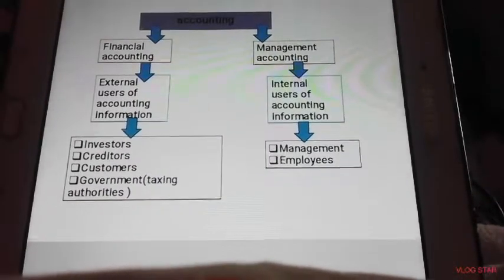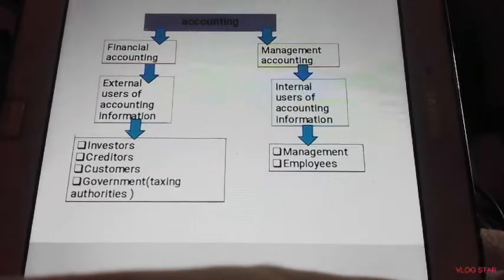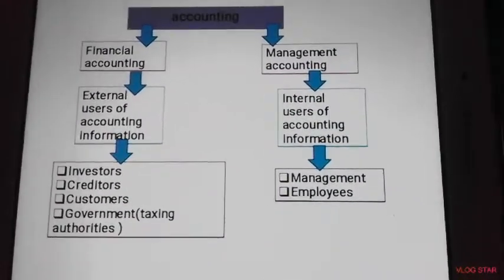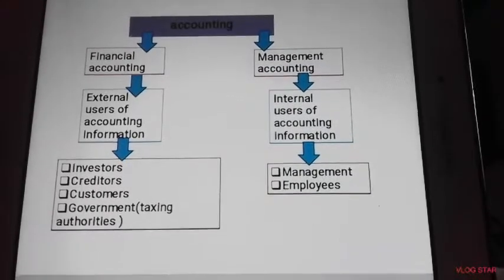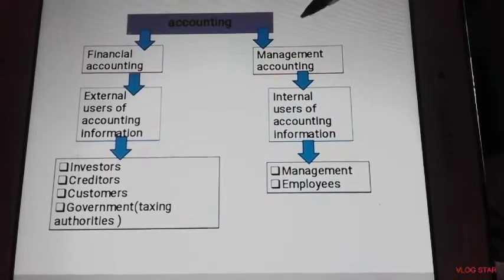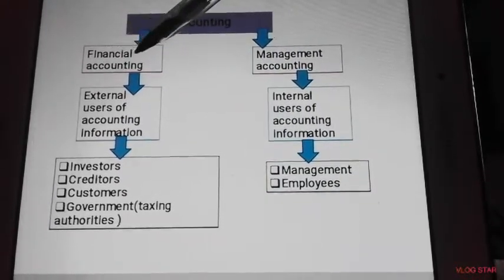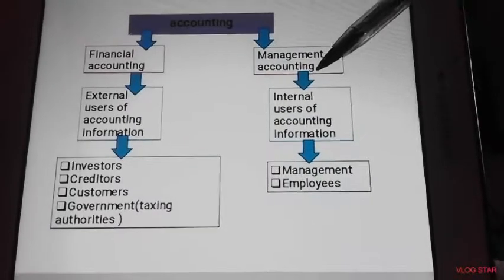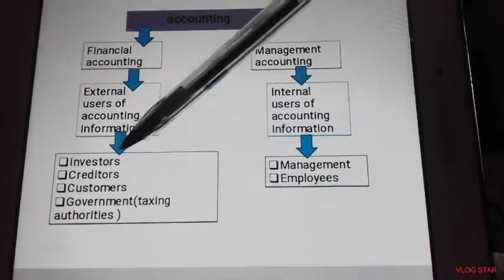And then we have this diagram here, just to show us the difference between management and financial accounting. Right here under accounting, we have financial accounting and management accounting. Underneath financial accounting, we have external uses of accounting information.